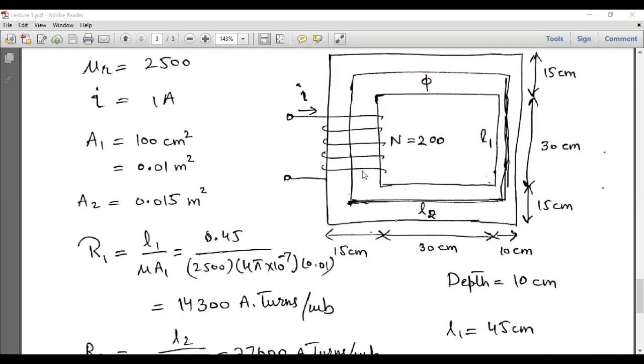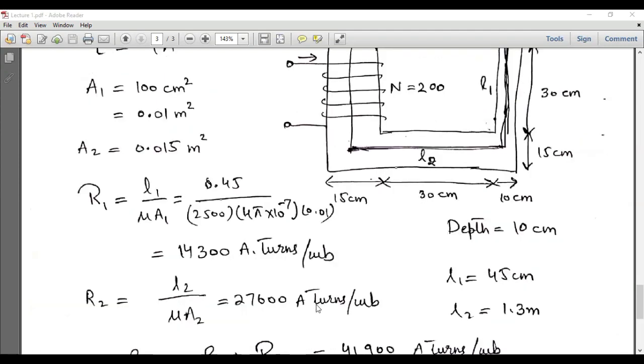Similarly, the width of these legs is 15 centimeters, so their area will be 0.015 square meters. Now we will calculate the reluctance of the right leg, given by this expression, and we substitute all the quantities in this expression. This turns out to be 14,300 ampere turns per Weber.